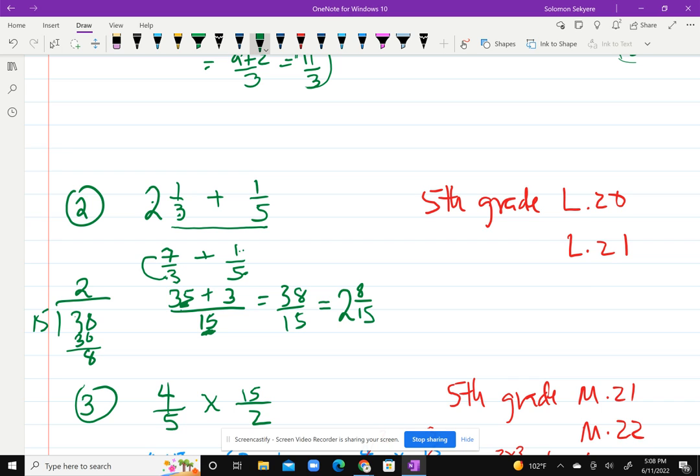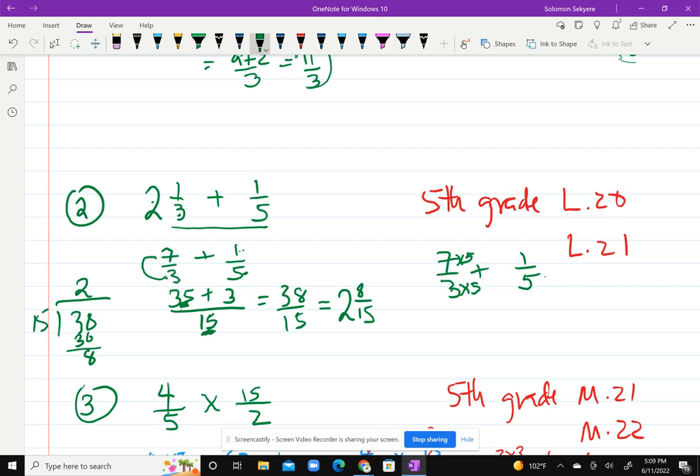Another way of doing this is I have the 7/3 plus 1/5. I can convert both of them to have the same denominator, okay? And so you look at 3 and 5, the least common multiple is what? 15. So if I multiply this by 5, I get 15. So I have to do the same thing with the numerator, times 5.